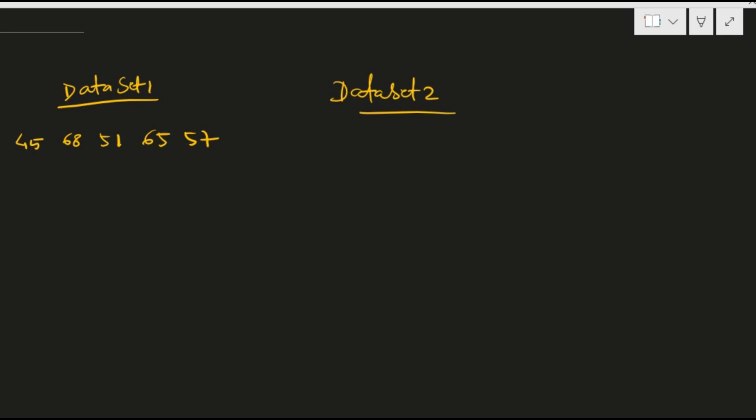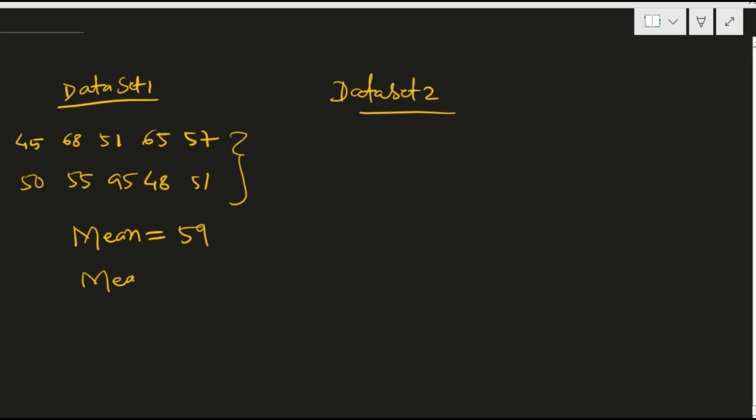Some more data points: 50, 55, 95, 48, and 51. If you calculate the mean of all these data points, we will get 59, and the median value is 53.